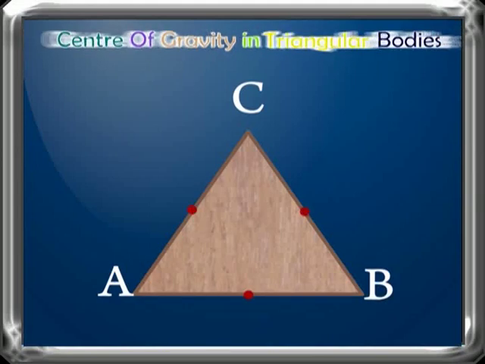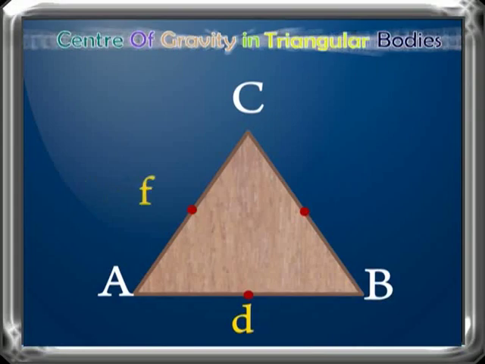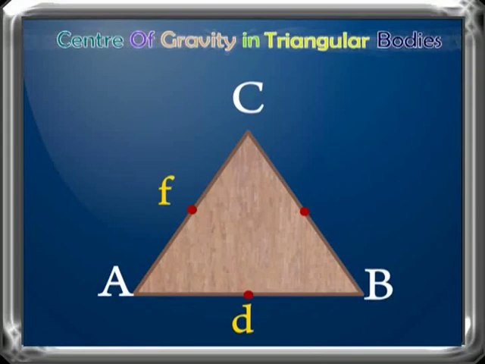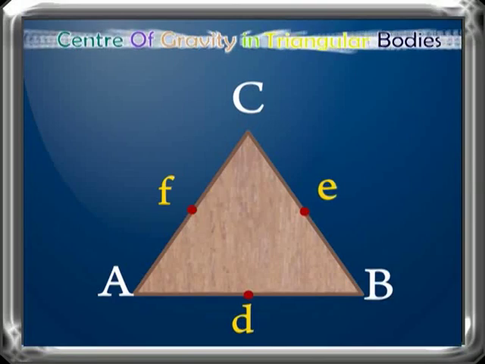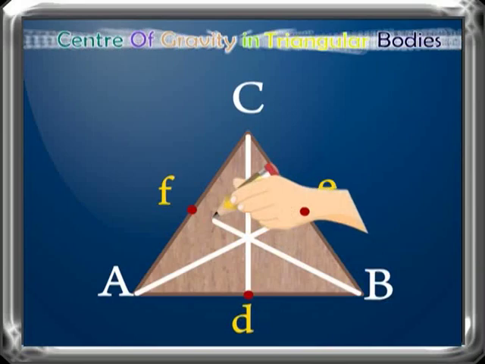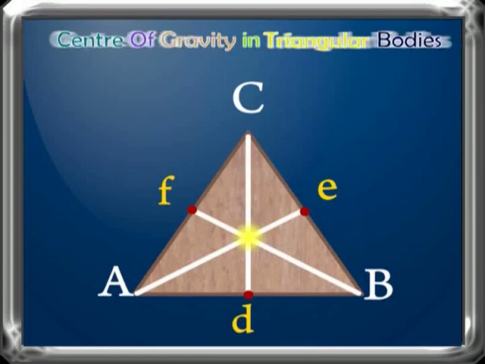Note the midpoint of side AB as D. Note the midpoint of side AC as F. And note the midpoint of side BC as E. Join the lines CD, AE and BF. These lines meet at a point G.